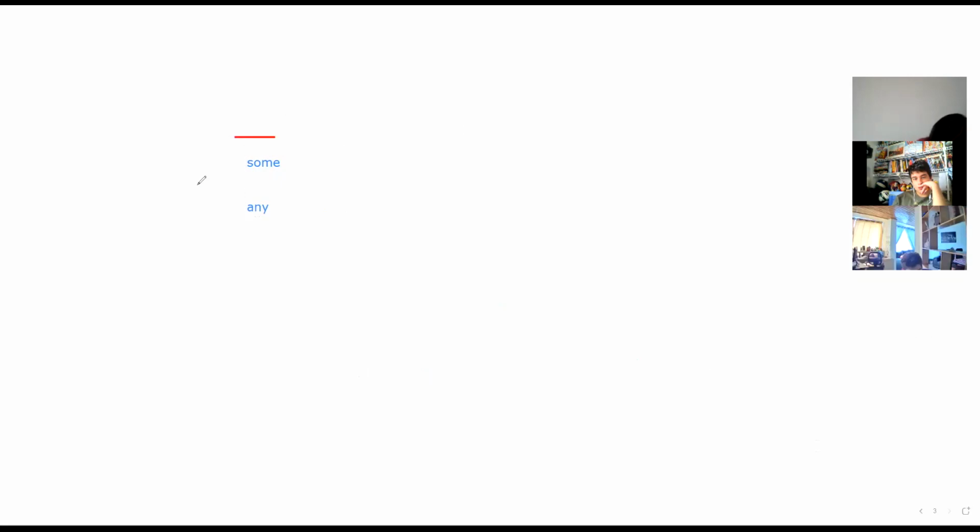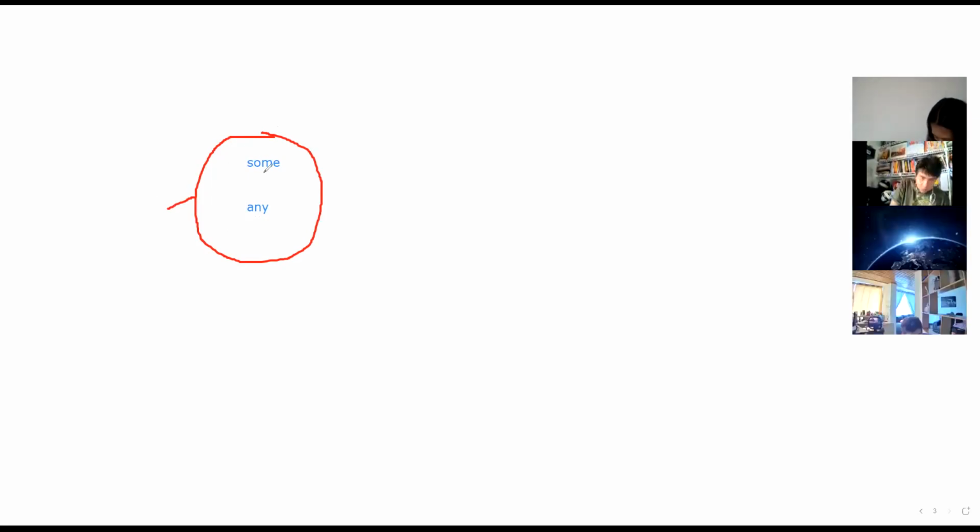Bueno, estas dos palabras, lo primero que tenemos que entender es que significan lo mismo. Entonces debemos saber en español qué significan. Lo primero es que significa uno que es plural. Aunque esta palabra a veces aparece también singular, en términos generales es plural. Son dos palabras diferentes, pero significan lo mismo.